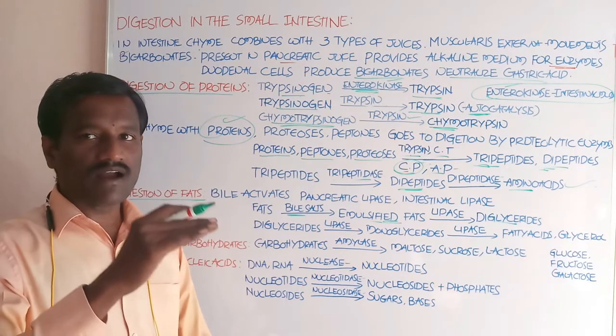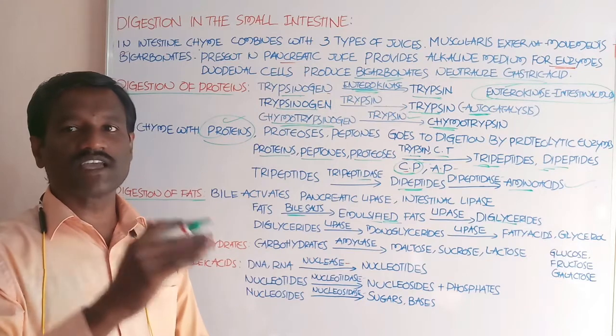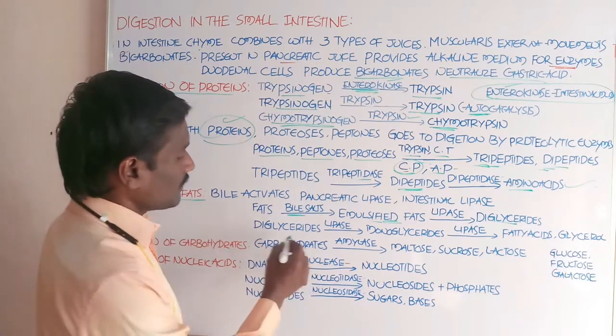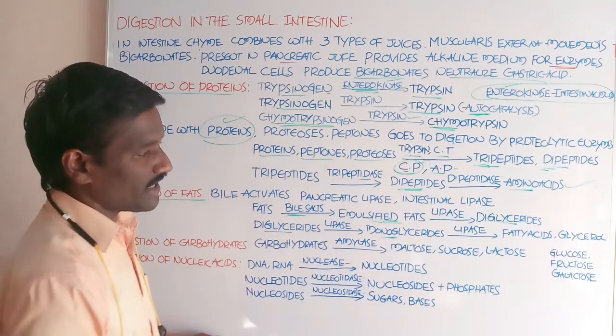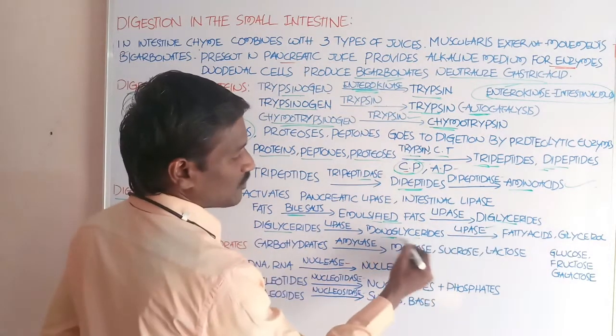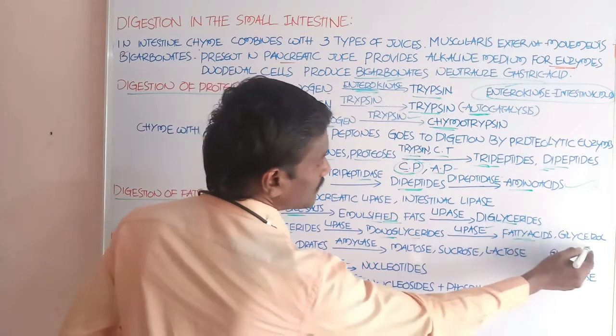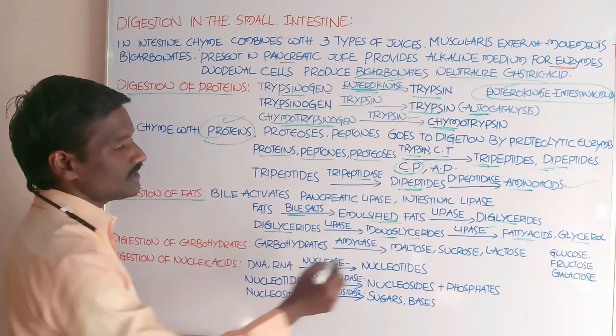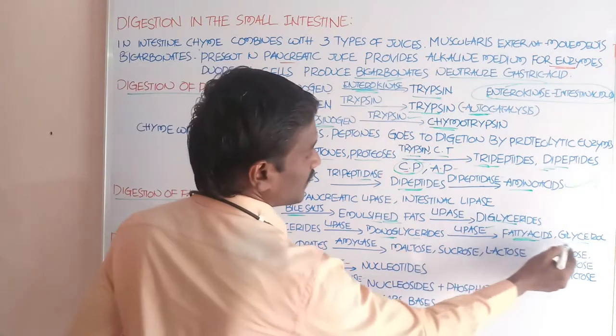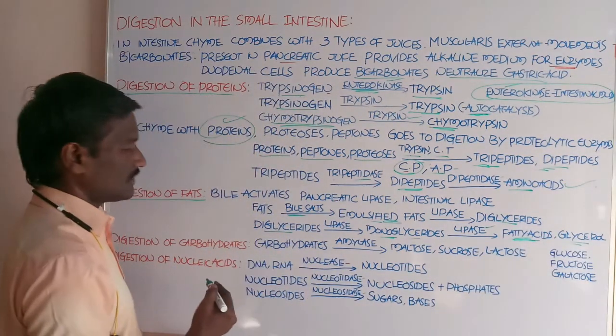Pancreatic lipase is also called steapsin. Now, lipase acts on the diglycerides and converts them into monoglycerides. Lipase acts on the monoglycerides and finally converts them into fatty acids and glycerol. Understand? These are the end products of the digestion of fats.